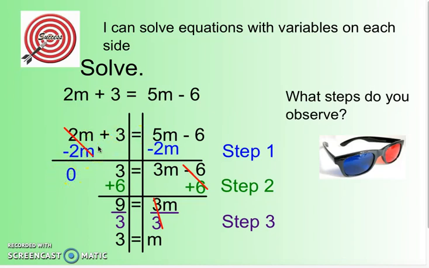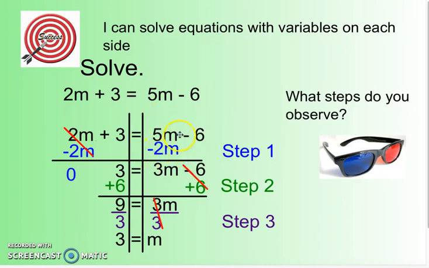And remember, in previous videos, we learned that equations are the same on both sides. So one side is equal to the other side. So whatever we do on one side, we have to do on the other side. So if we subtract this 2m and we get 0, that means it has disappeared from the left side. And then we do the same step on the right side, so we subtract 2m over here.